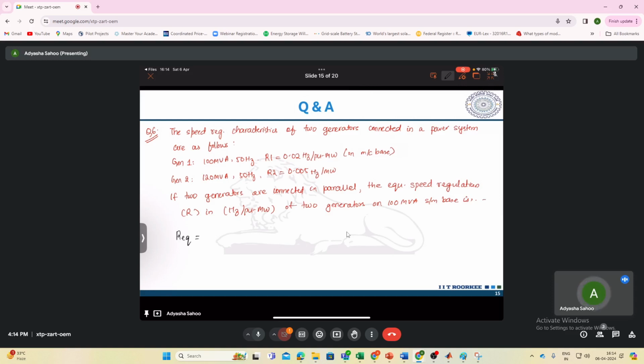So R equivalent we had seen it was 1 by R1 plus 1 by R2. Now R1 is given as 0.02 hertz per unit megawatt.